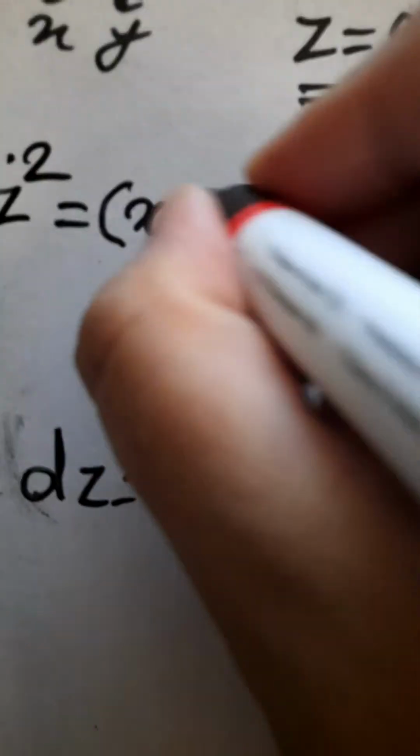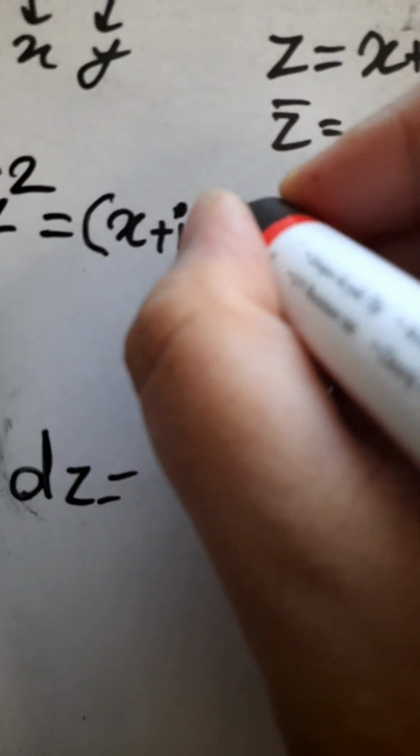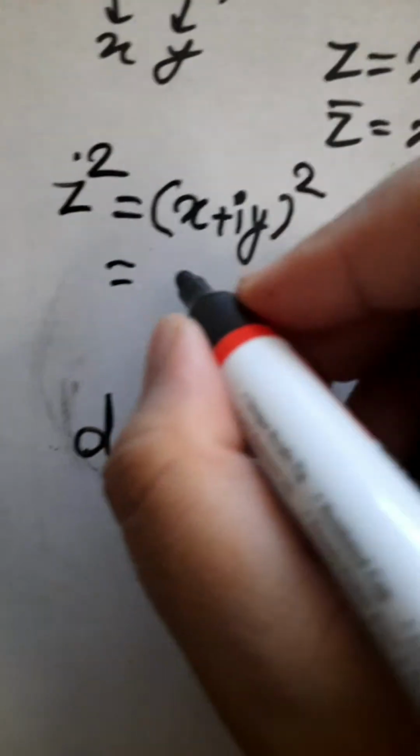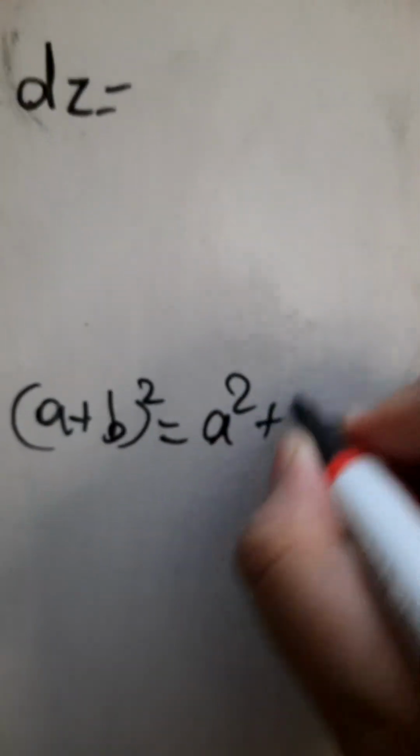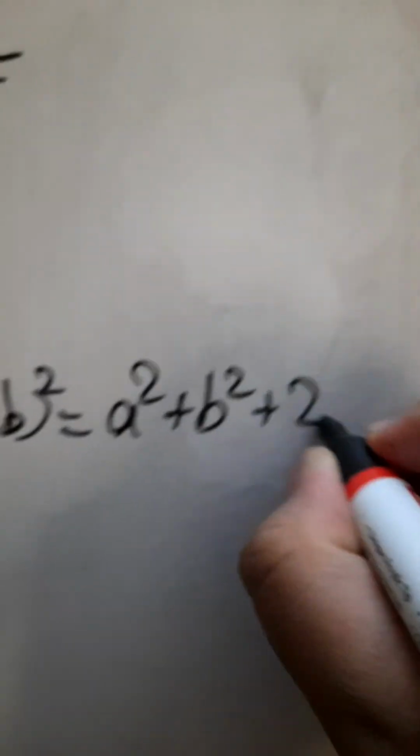Since we are taking x plus iy whole square, let me show you, a plus b whole square is equal to a square plus b square plus 2ab.